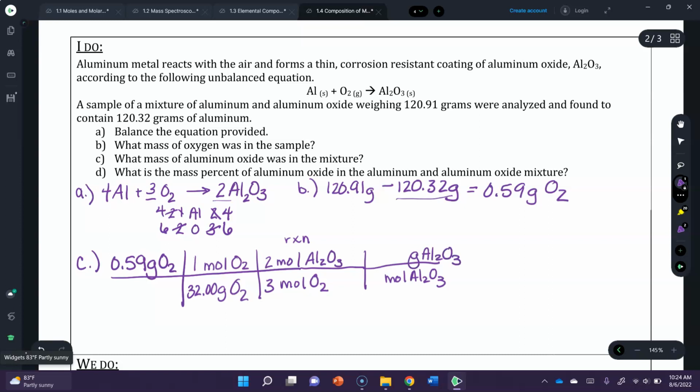And I can't do that super easy, so I need to go and determine the molar mass of that. So that would be 2 aluminum plus 3 oxygen. And you guys can do that yourself, but I can't remember what the molar mass of aluminum is, but we're going to wing it.